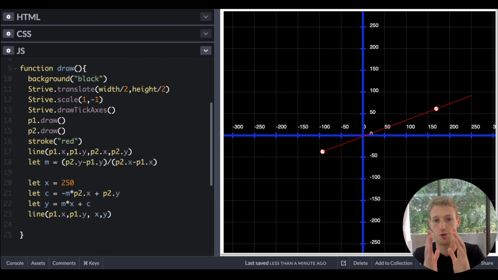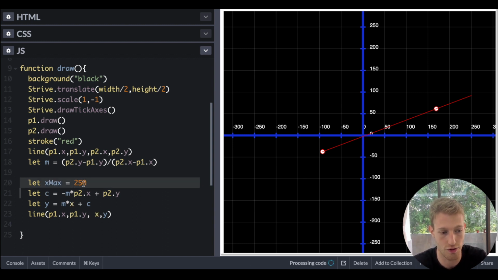If I now want this to go all the way to the end, so think about this. I want it to take up the full width of my page. The full width of my page is at width over 2, right? So the whole page is width. We're starting at 0. So that means all the way on the right is width over 2. All the way on the left is negative width over 2. So I could define this. I could say let x max is equal to 250.